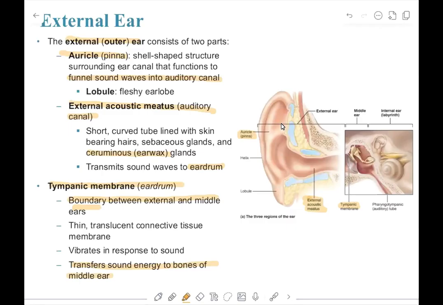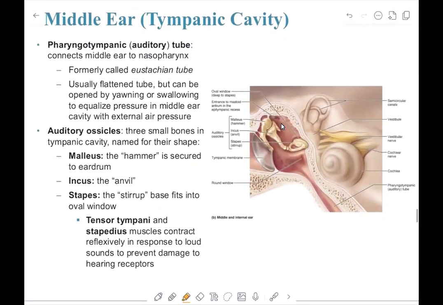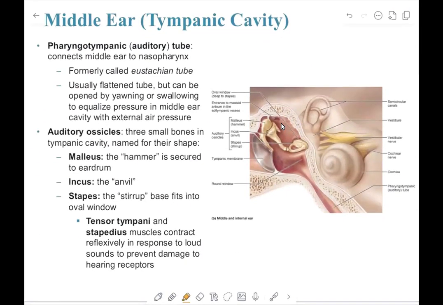And the middle ear you can see here, and this also shows the internal ear, which we'll get to later. The middle ear is also called the tympanic cavity. And again, the beginning of it is the tympanic membrane. Those sound waves are then transmitted to the auditory ossicles, the smallest bones in the body.